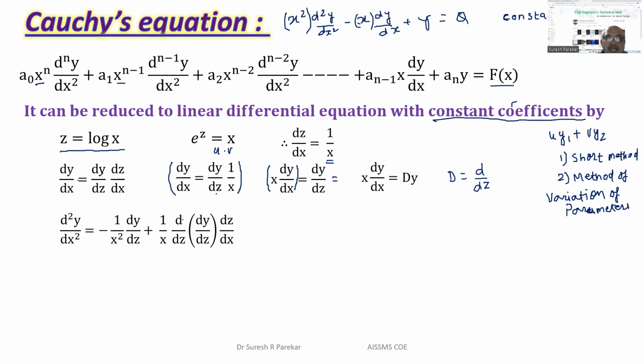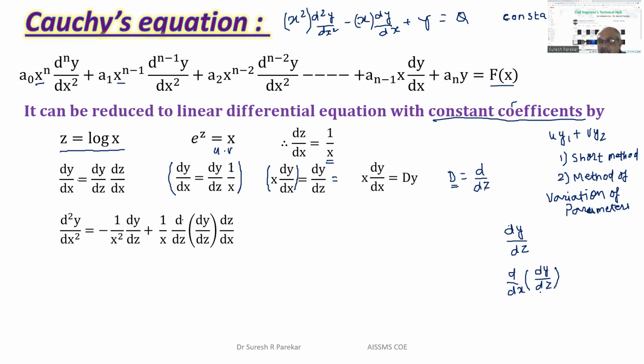So try to understand this. If I write on this side, we have dy by dz, and then we have to take the derivative with respect to x, so it becomes d by dx of dy by dz. But we are interested in d2y by dz square, because here we have taken D equal to d by dz.